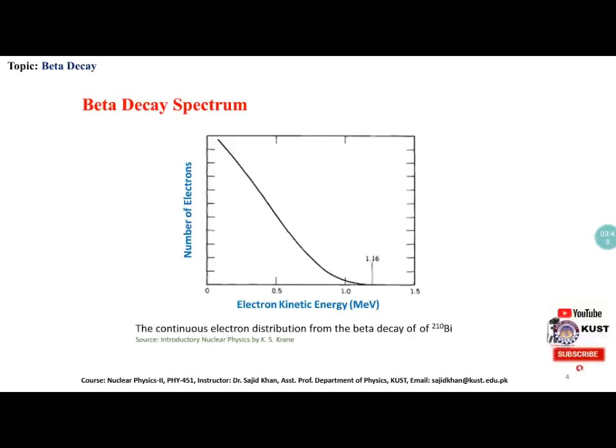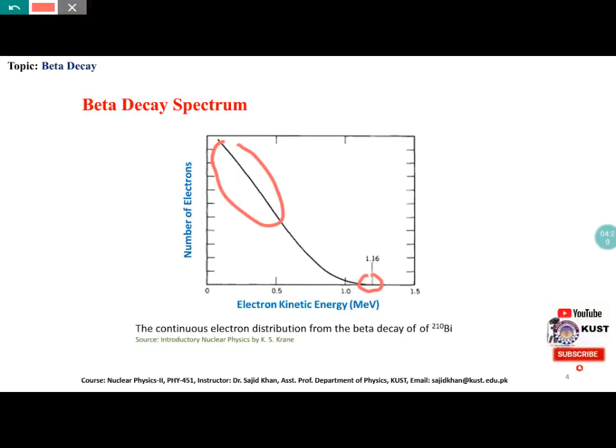Okay, so first we analyze the energy spectrum of the electrons which are coming out of the nucleus. So we see that there are electrons with varying energies. There are many electrons which come out with smaller energies, and there are only a few electrons which come with the maximum energy.